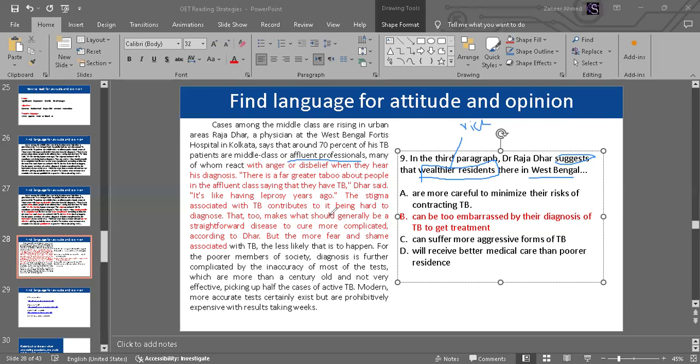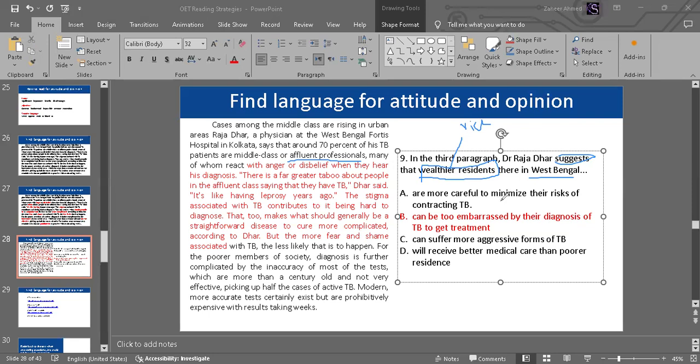So there is a far greater taboo among people in the affluent class. So it means all this information is about the rich class. They have TB. Dar said it's like having leprosy years ago. The stigma associated with TB, yes, hard to diagnose. Fear and shame as well. So it can be, they didn't say embarrassing.